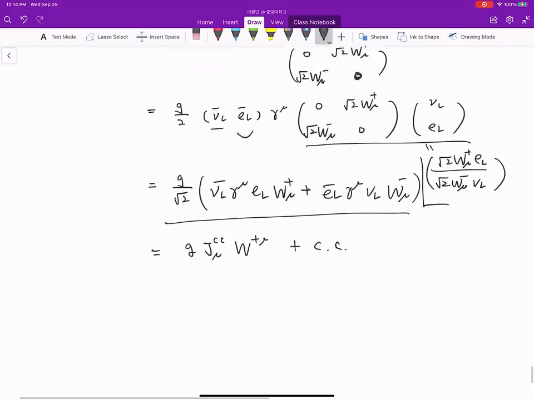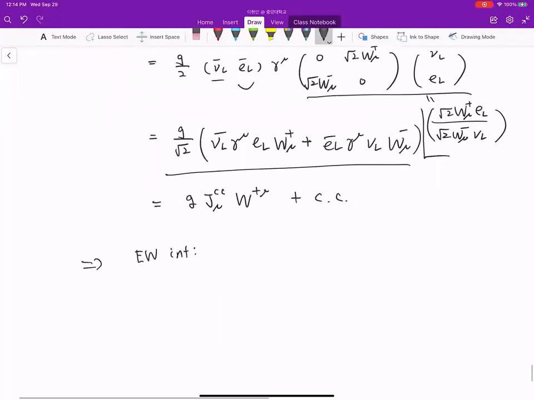So because of that, all the electroweak interactions for matter can be written in this simple form. Sorry, this one.